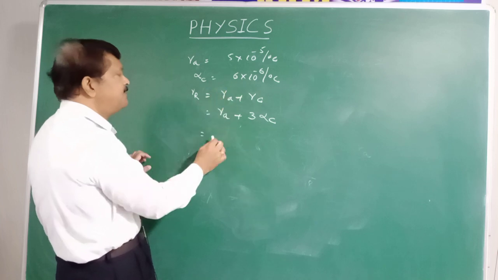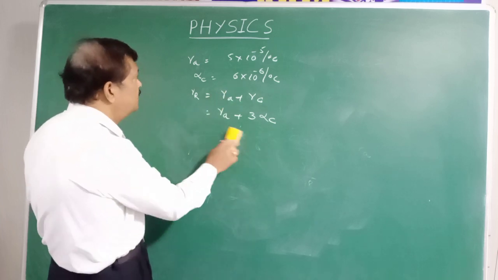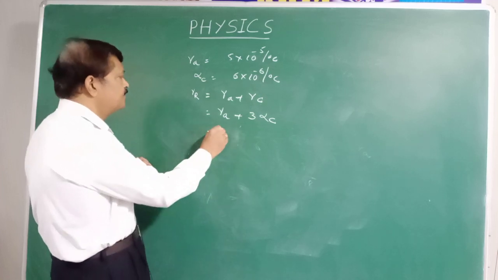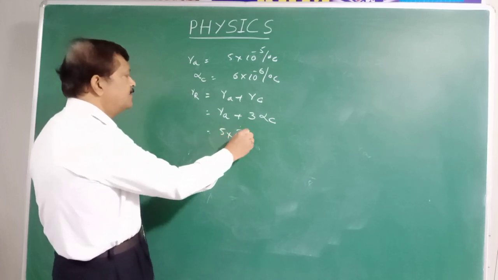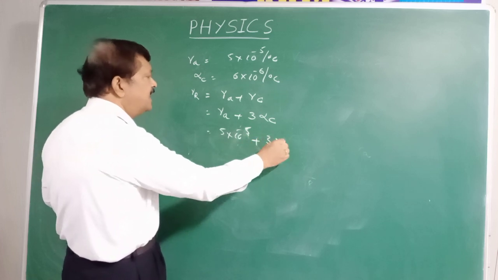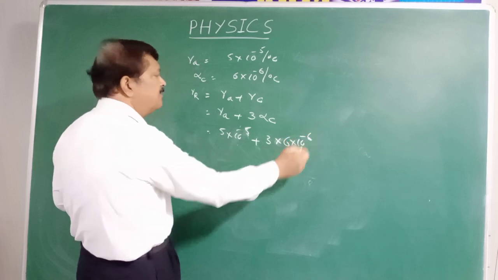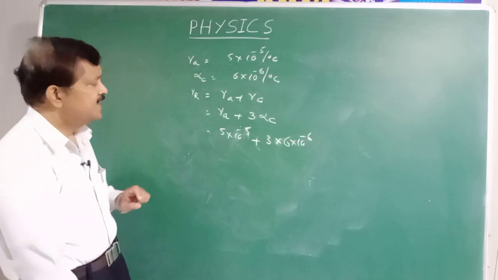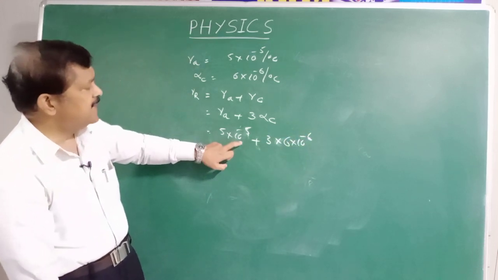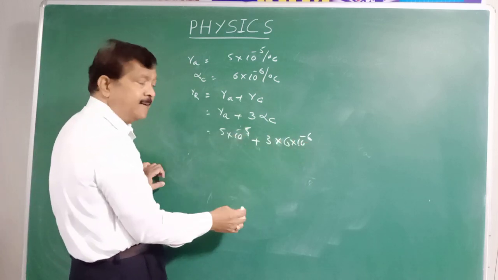The coefficient of apparent expansion is 5 into 10 power minus 5, plus 3 alpha C. Alpha of the container is given as 6 into 10 power minus 6 per degree centigrade. So this is the coefficient of apparent expansion, and this is 3 times alpha of the container.